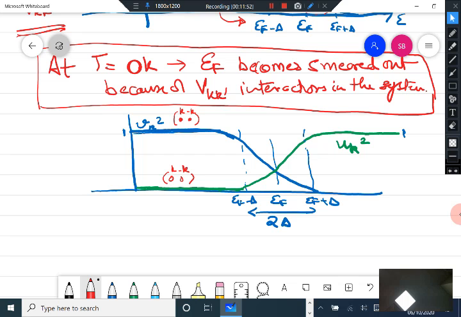So that is going to be 0 far away from the Fermi energy, but the moment you start approaching delta, you start causing this excitation and scattering from k to k prime states, and so you are creating vacant states and occupied states around the Fermi energy, and that is why Vk square falls and Uk square picks up.